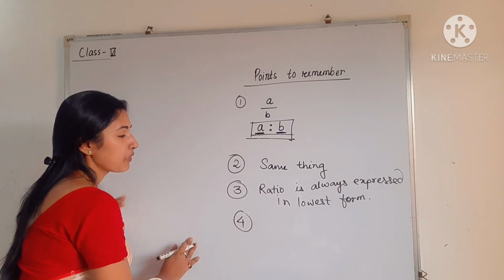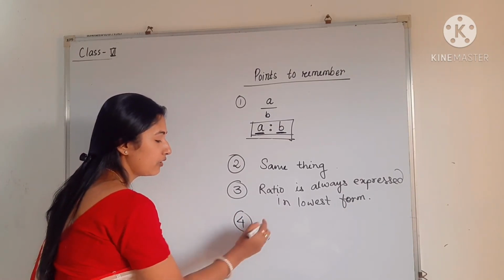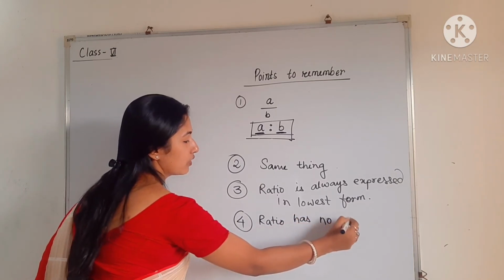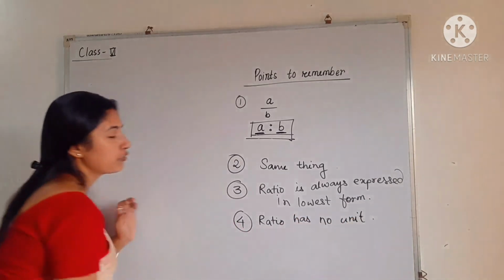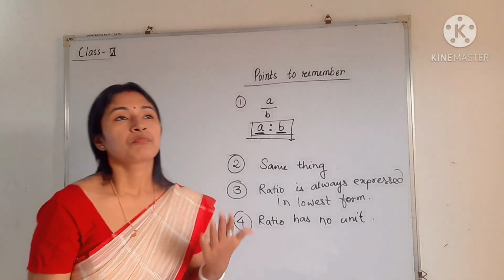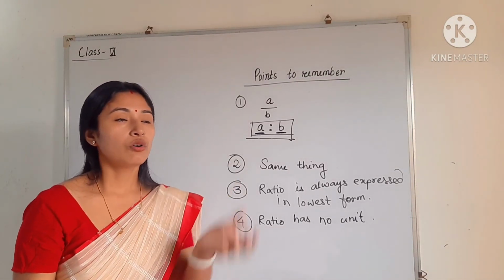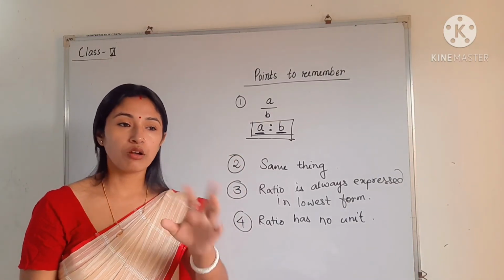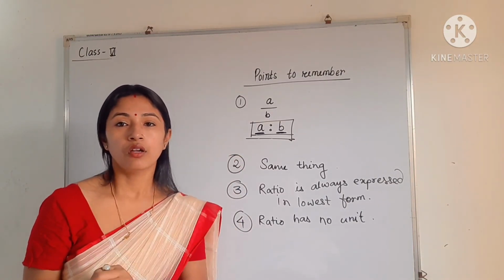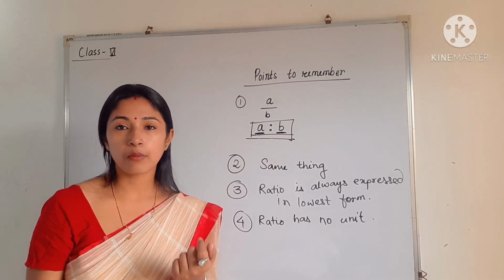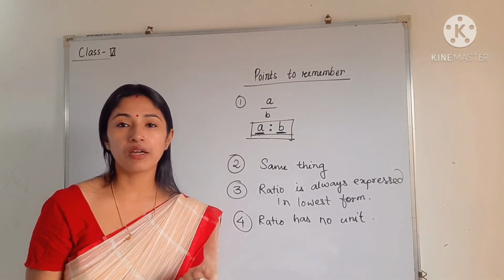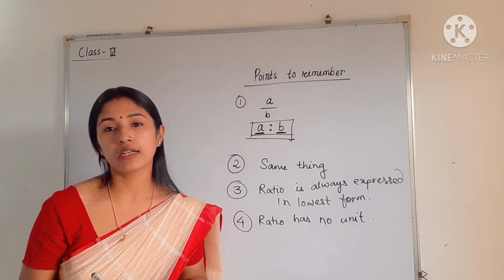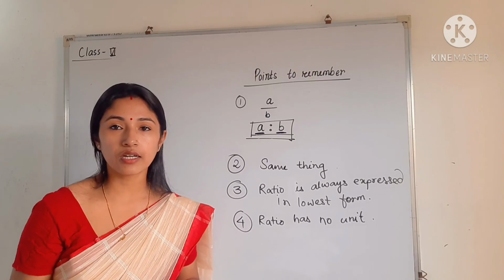Number 4 is, see, this is very important, ratio has no unit. Okay, remember, ratio has no unit. Suppose you want to compare your and your brother's height. Suppose you and your brother are two siblings, and you want to compare your heights. If you are taking one height in centimeter, then the other also you have to take in centimeter.